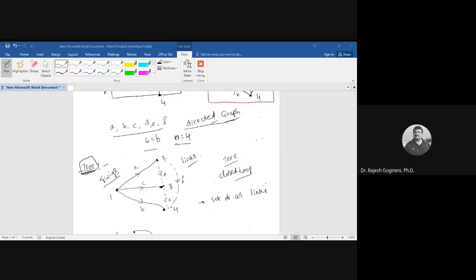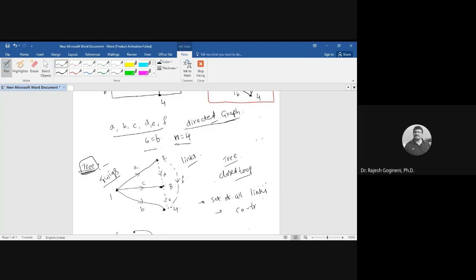We formed a tree from the graph, which consists of all the nodes but no closed loops. The branches removed from any tree are called links. The set of all the links is called the co-tree.